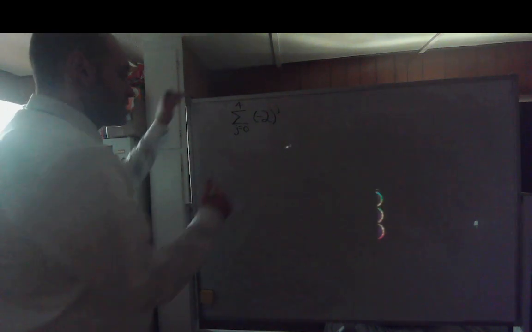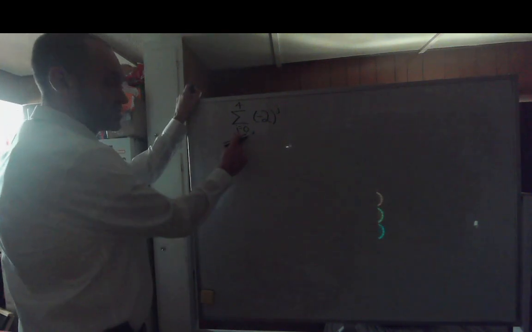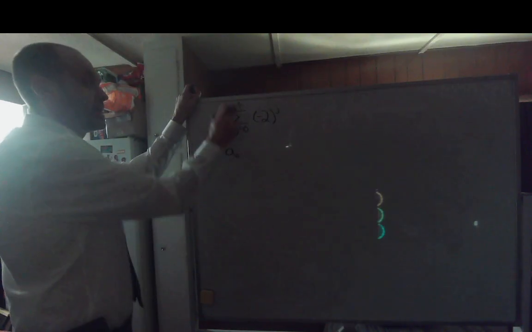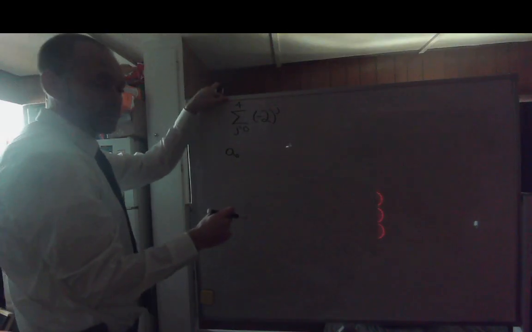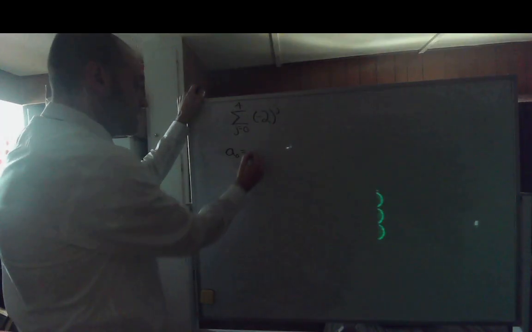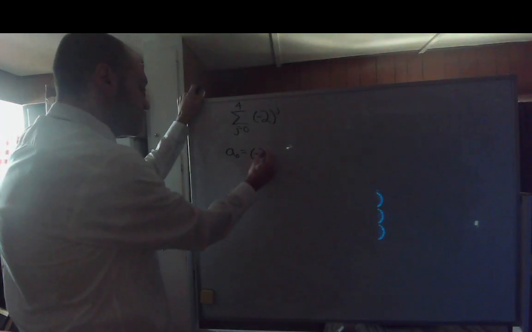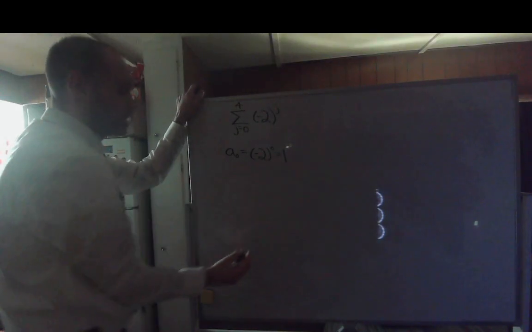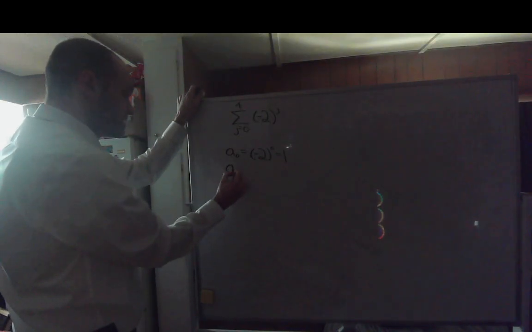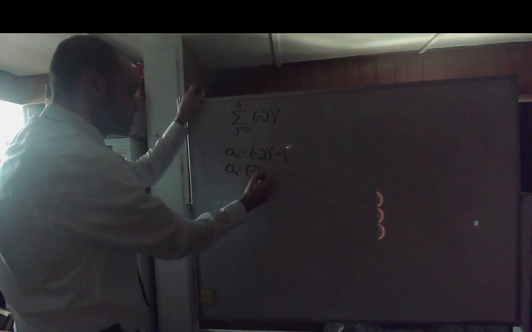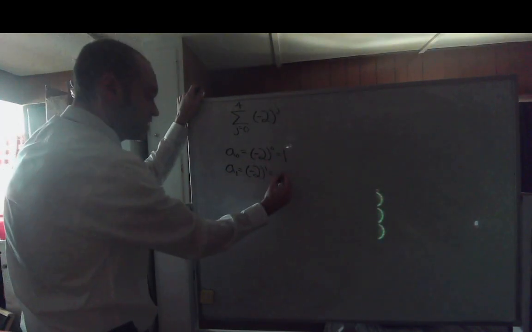So let's go ahead and find, since it starts at 0, we need to start at a sub 0 and go all the way to a sub 4, since the upper limit of summation is 4. So a sub 0 equals -2 to the 0 power, which we know to be +1. Now what is a sub 1? That's going to be -2 to the first power, which would end up giving you -2.